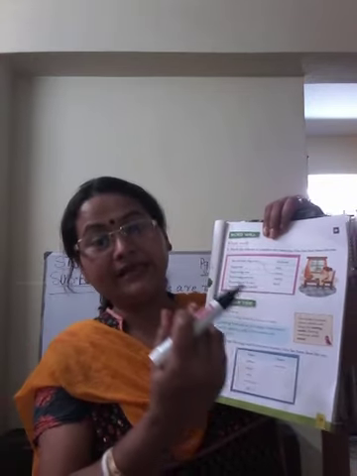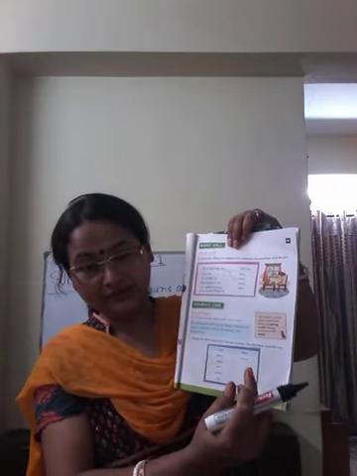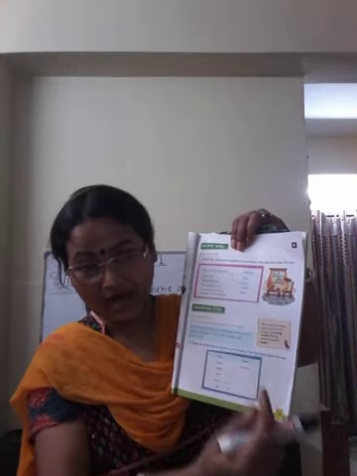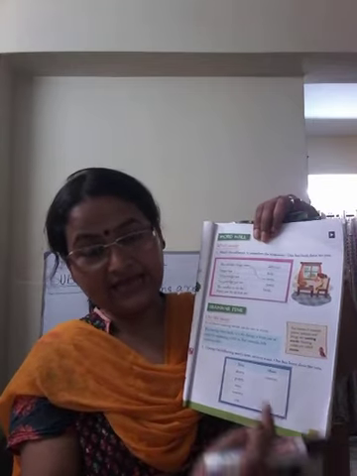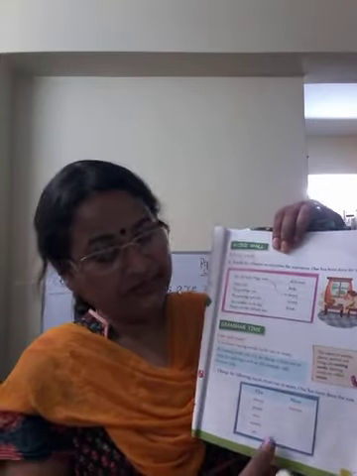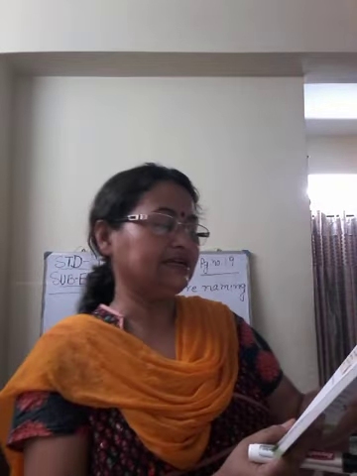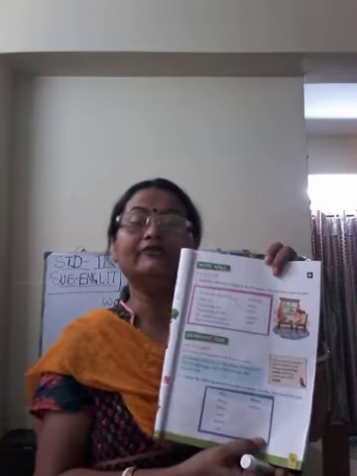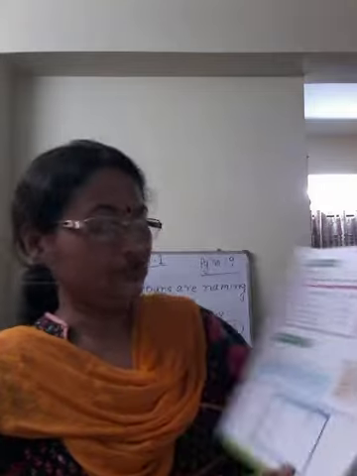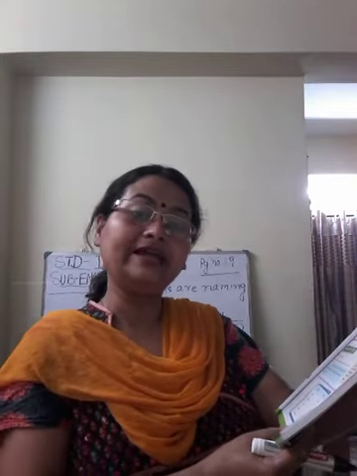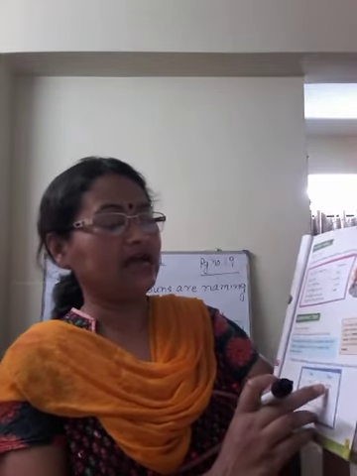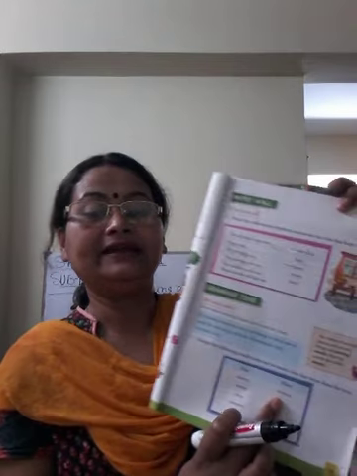Y will be replaced with I, and then we have to add ES to it. Suppose here one is done: cherry. We have replaced Y with I and then added ES.